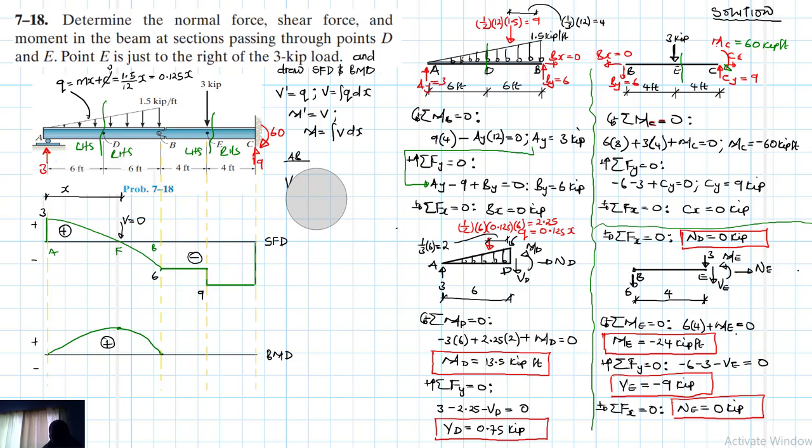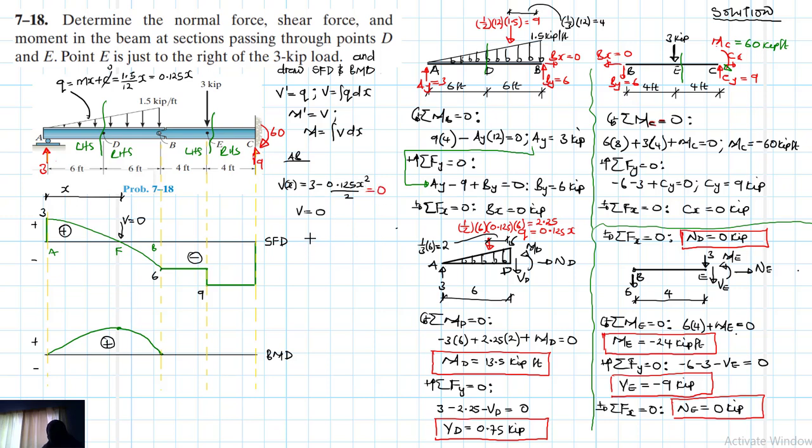We had calculated our shear diagram. The equation is just 3 minus 0.125 x squared divided by 2, right? So for us to find this x here, we said shear at that point is equal to 0. So we just equate this to 0.